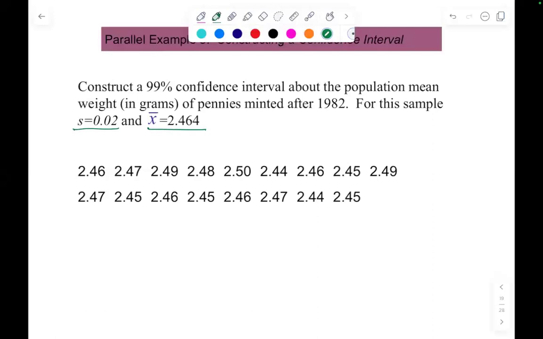There are 2, 4, 6, 8, 10, 12, 14, 16, 17. My n equals 17. I'm looking for a 99% confidence interval. So to get my alpha, I'm going to do 1 minus 0.99, which is 0.01, and divide that in half.